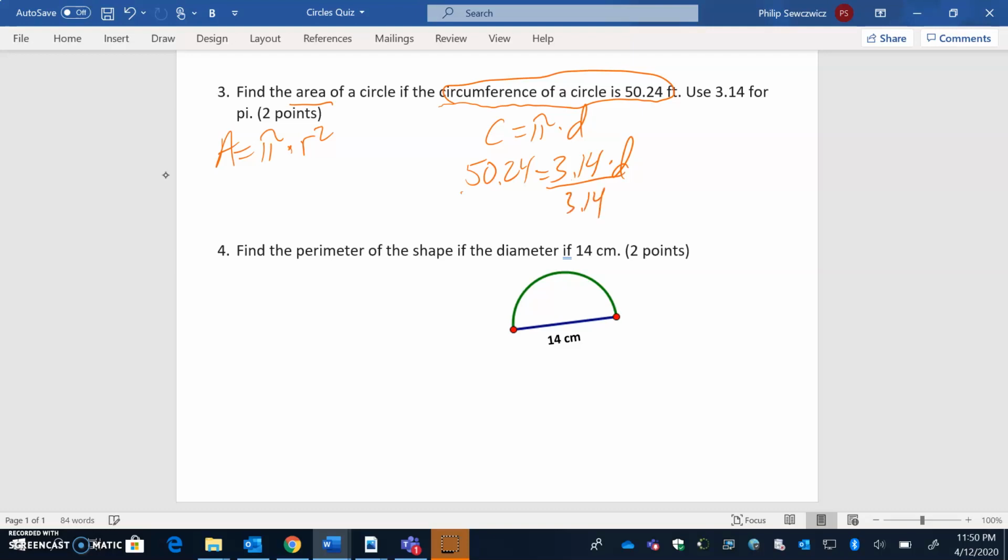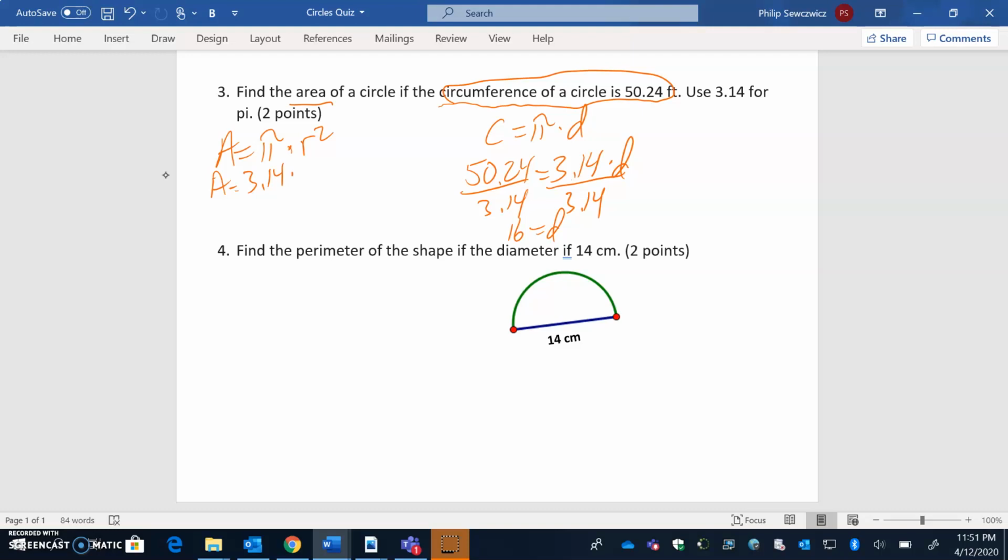If I can figure out the diameter, I can certainly come over here and use that information for my radius. So if we plug that in, the 50 and 24 hundredths, divide that by 3.14, we get 16. So 16 is the diameter. Again, not the answer to the question, but now I can come over here and plug in my radius.